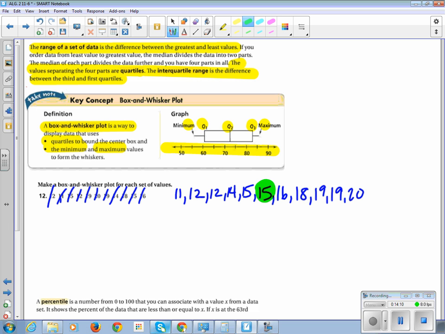So if I have a number exactly in the median, then I'm going to look at these numbers here and find the median of everything on the left-hand side. So once again, I have an odd number. So let's find the median of those values. 12. And I'm going to look at my numbers on the right-hand side of my median. If my median were 2 values, then those 2 values would be included in finding the quartiles. But because I have an odd number, none.